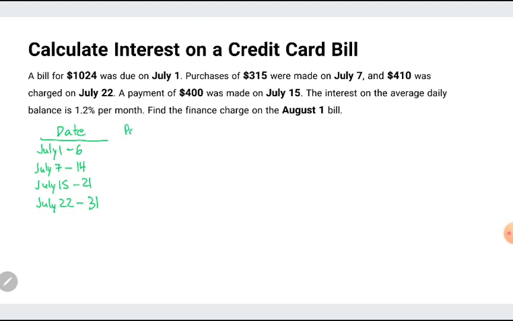Okay, so payments slash purchase. That's my next column. I didn't make any payments or purchase on 1 to 6. On July 7, I made a purchase. I made a payment, so that needs to be subtracted from my bill, minus 400.